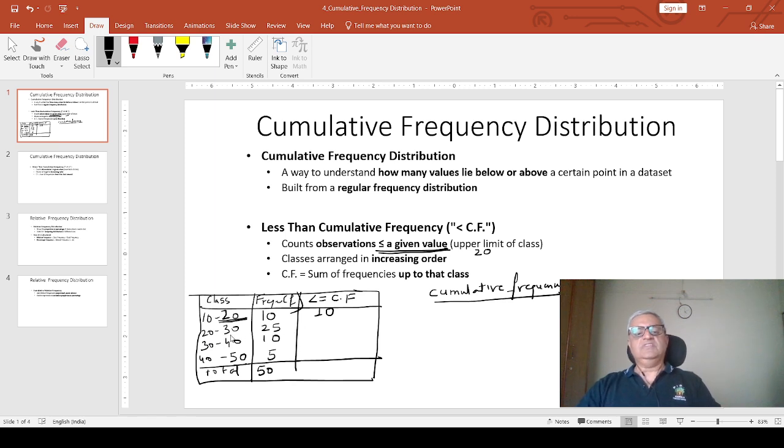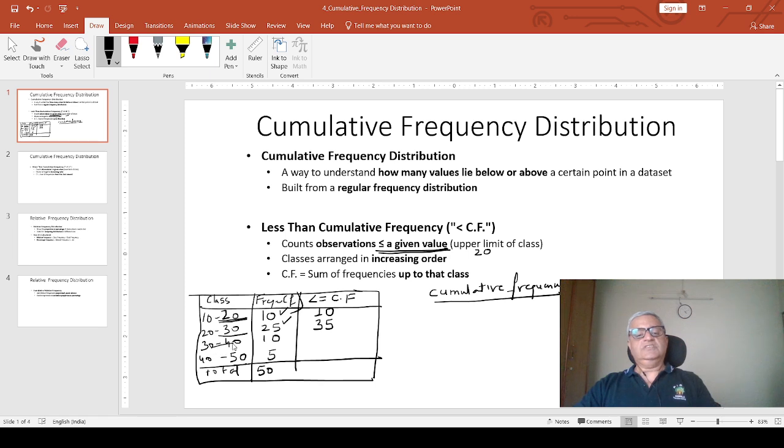Now going to the next class, ask the same question: how many data points are less than or equal to 30? Here it would be 10 from the first class plus 25 from this class, so this will be 35.